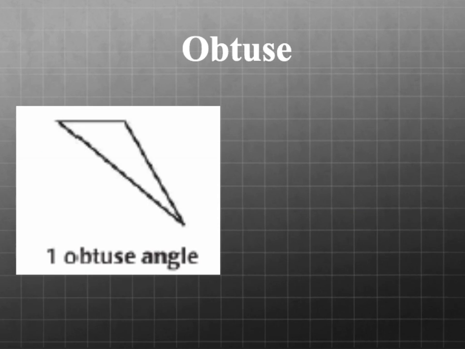And finally, in an obtuse triangle, this is a triangle that has 1 obtuse angle, and the other 2 are acute angles.